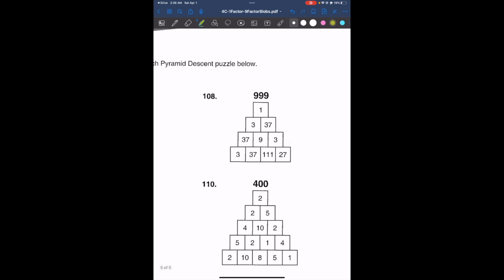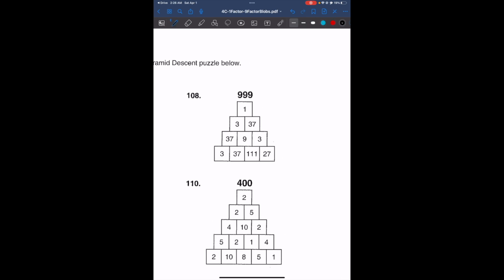For problem 108, I'm going to go back to explaining the solution. So 999 can be divided by 3. And so that's divisible by 9 because the sum of the digits is 9. So we can express that as 37.